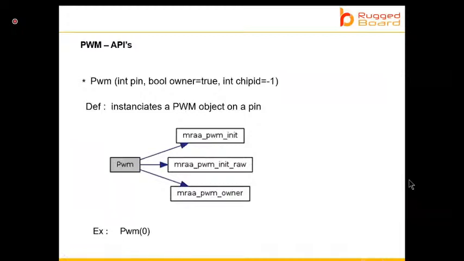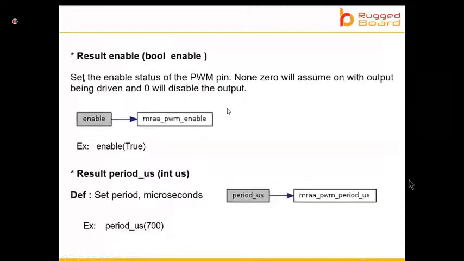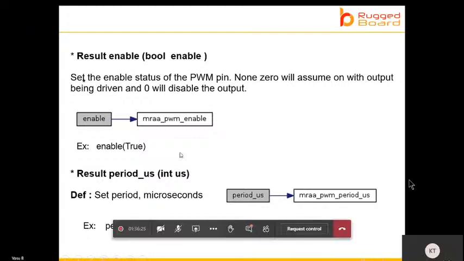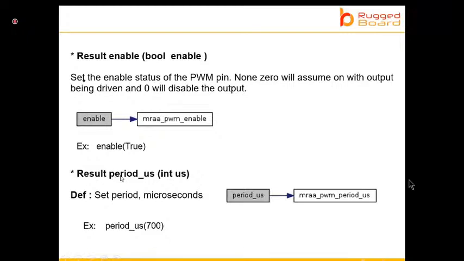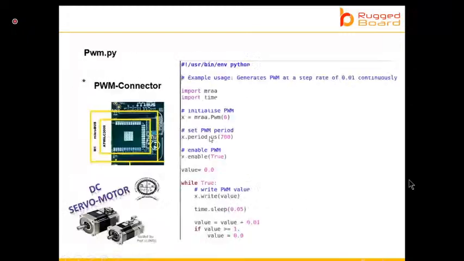Similarly you have it for PWM. I will run a little bit because it's already 1:20. For PWM you mostly have the PWM duty cycle and on and off, right? So you can initialize the PWM, and then you can enable the PWM, and you can also set the duty cycle using the period in microseconds, right?